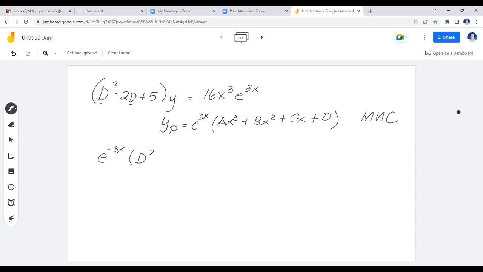And you copy. This would be 16x cubed. So you could see that the original right side, which would result to this particular solution, is now simplified. You only have 16x cubed left here.